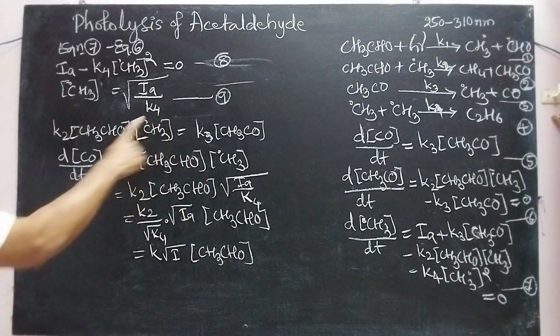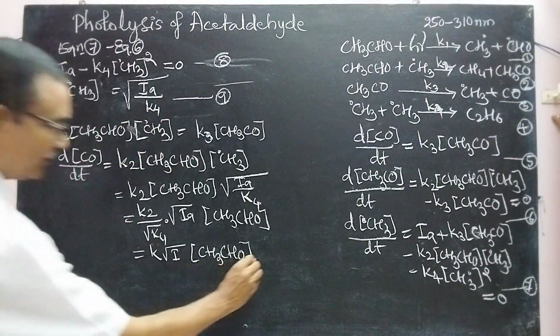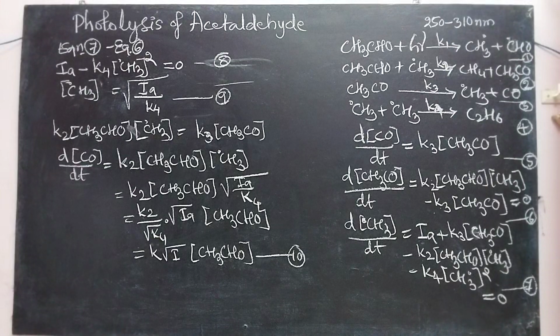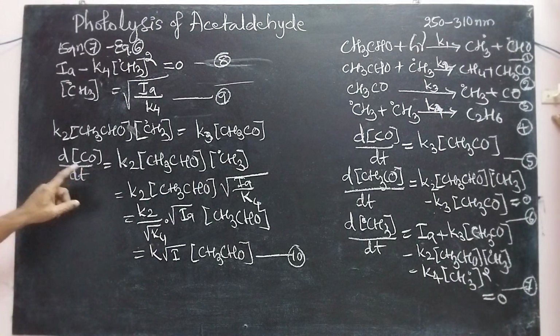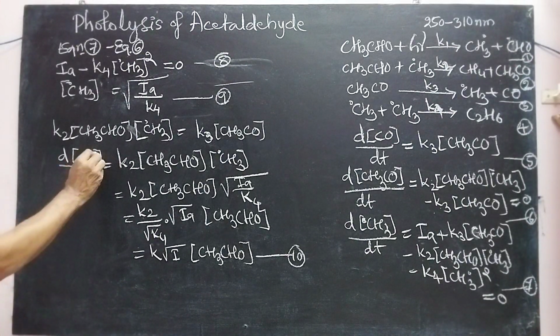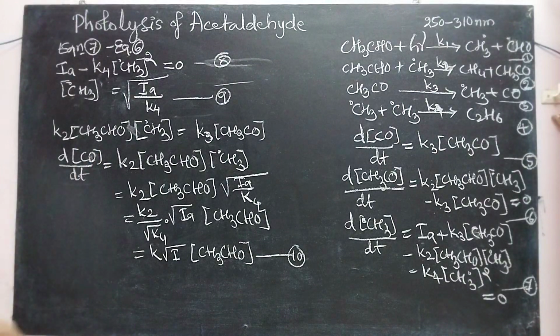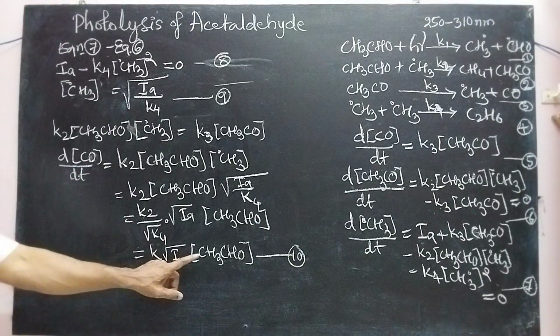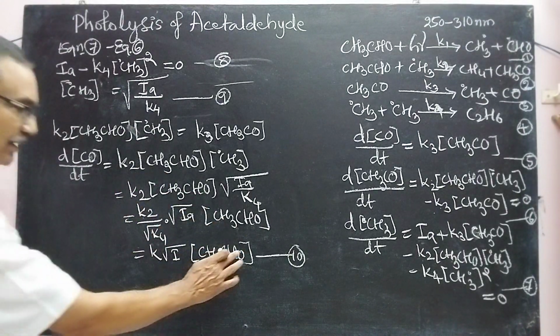Okay, this is equation 9 and we must take it as equation 10. Equation 10 states that the rate of formation of carbon monoxide is equal to K into root Ia into CH3CHO, that is acetaldehyde.